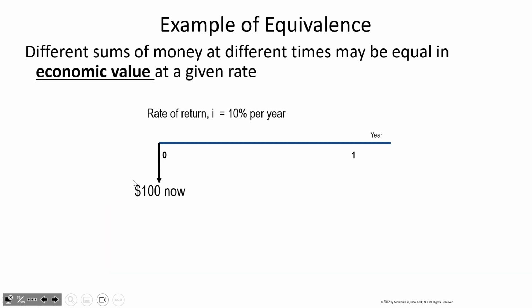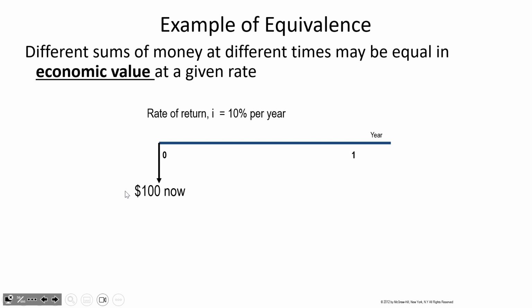So here's an illustration using a cash flow diagram of economic equivalence. We had that example just a couple of slides ago saying that $110 1 year in the future is economically equivalent. So here this is saying if you make a deposit now of $100, and how do I know this is a deposit, by the way? Down.